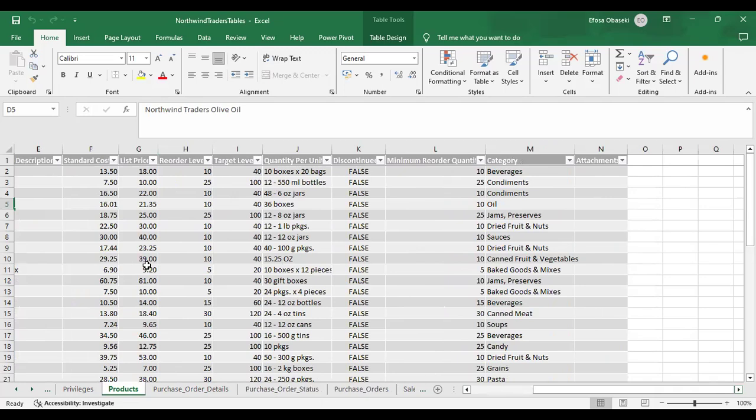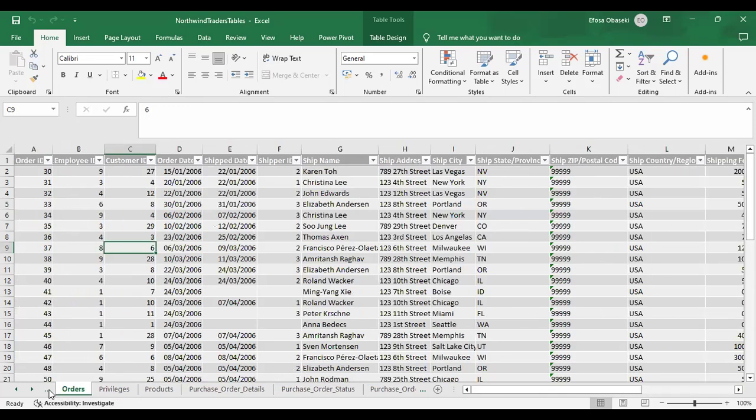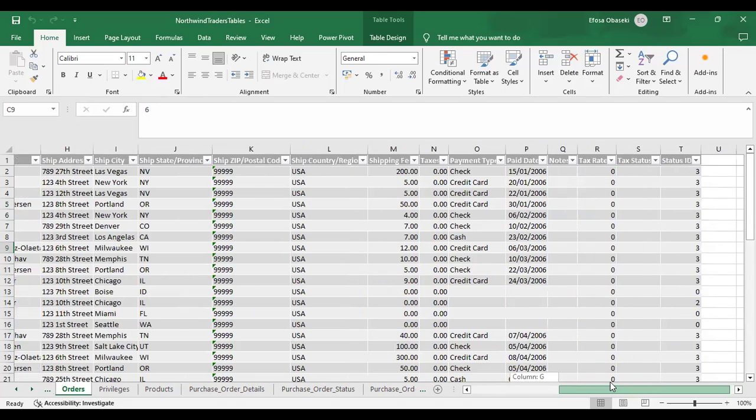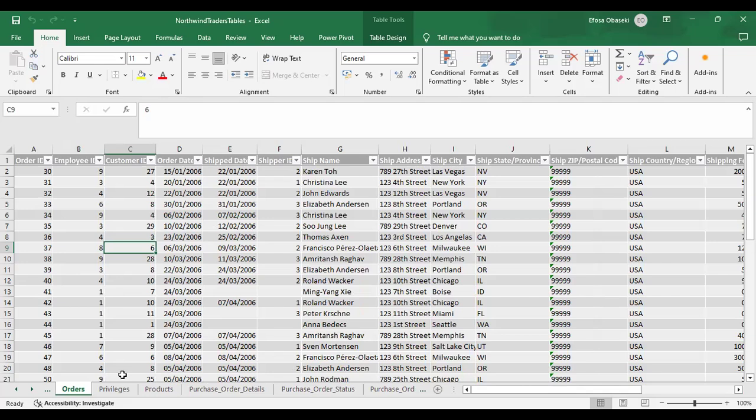So let's quickly advance. So this is the product table. Then if you come to the others, this is the others table. Here you have order ID, order day, shipment dates, and so forth. But if you look here, you see the product ID is not here. I don't know if you can see why it's not here.